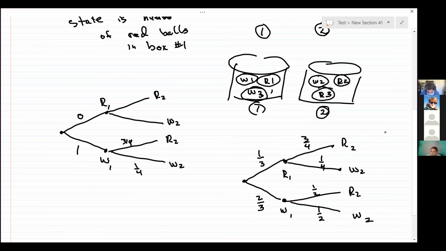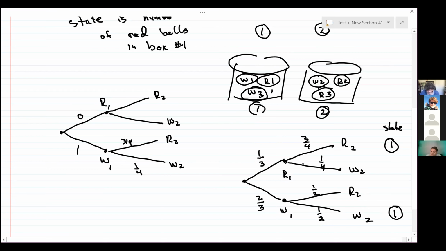So we'd still be at state 1, right? Because you moved a red ball for a red ball. And it's similar here, if you remove a white ball for another white ball, and you originally had one red ball in here, you're still back to state 1.